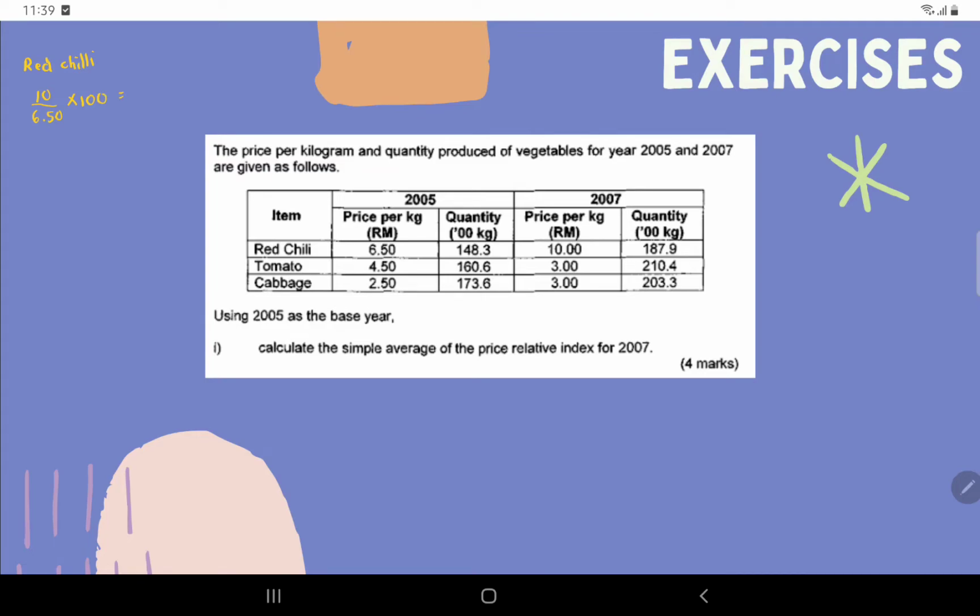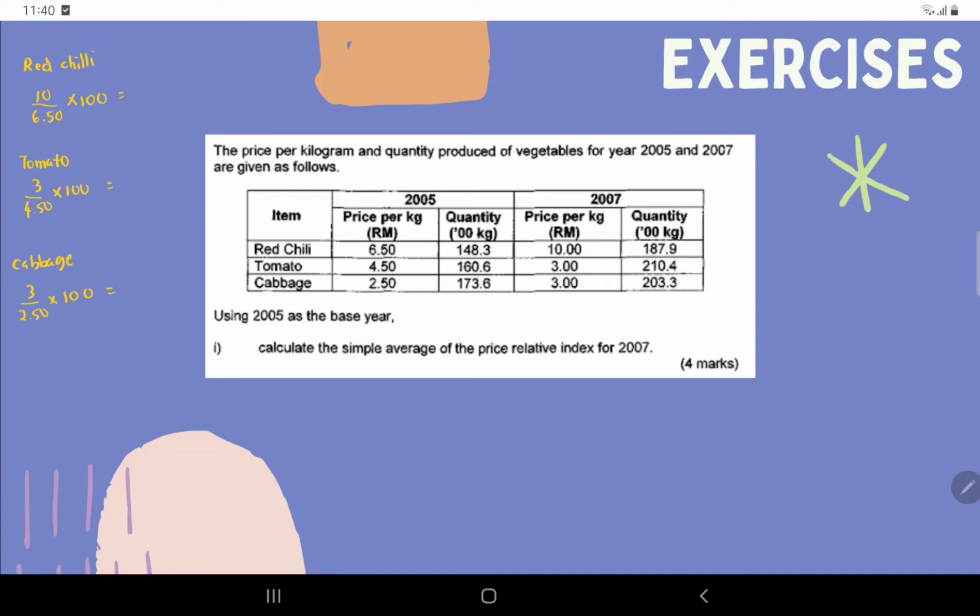Okay, and then for tomato, 3 ringgit divide by 4 ringgit 50 cent times 100, and for cabbage, 3 ringgit divide by 2 ringgit 50 cent times 100.